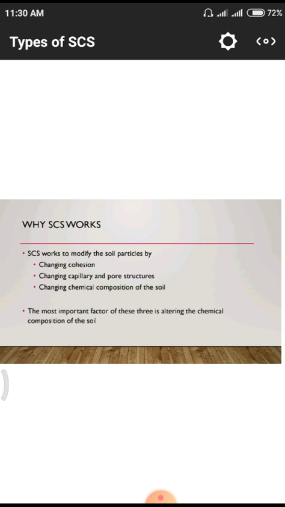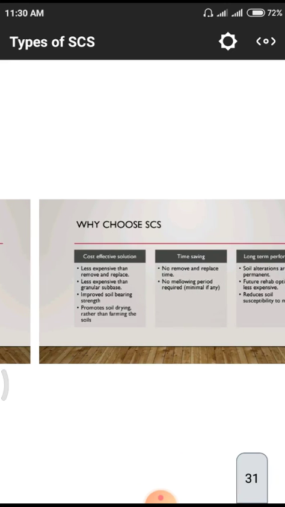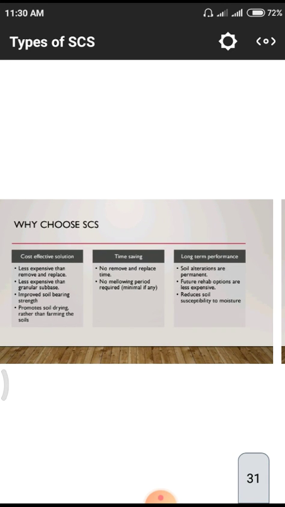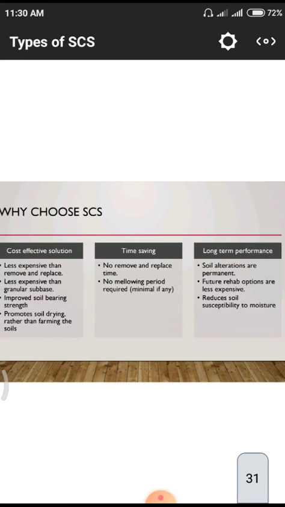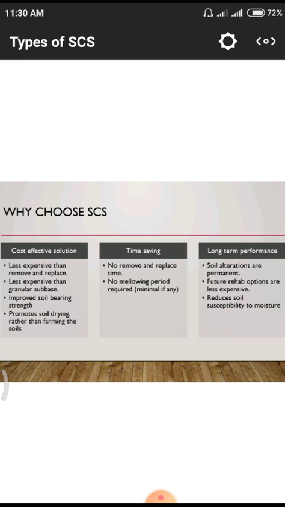That means the quantity of water will increase due to these capillary rises, and it changes the chemical composition of the soil. Previously there were no reacting particles. After adding this cement, the reacting particles are there, some crystals will be formed, and strength will increase. These are the three conditions for why we choose soil cement stabilization.